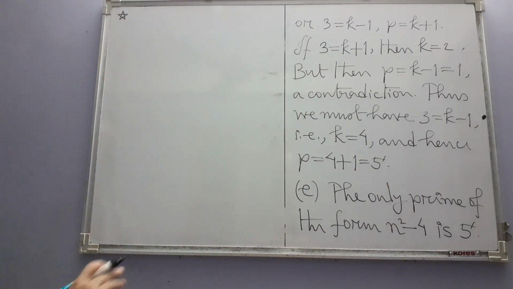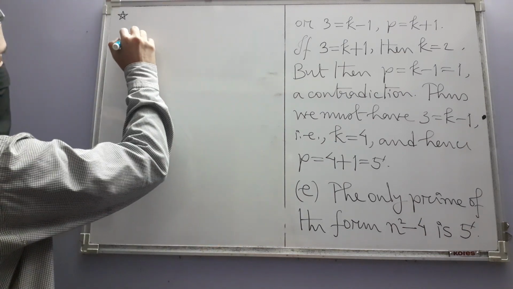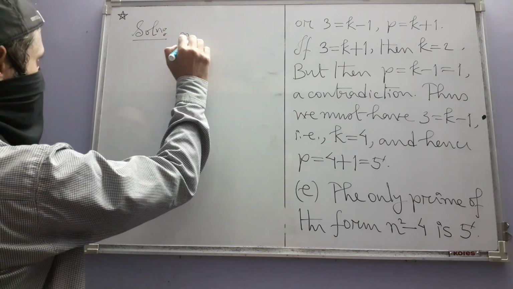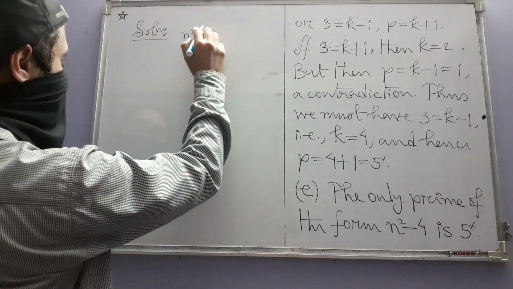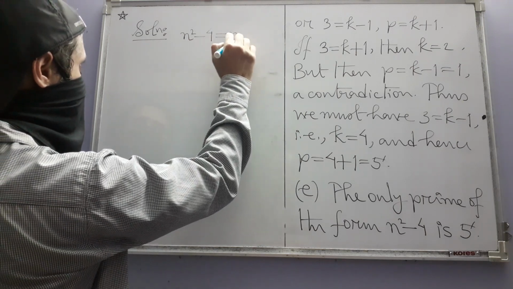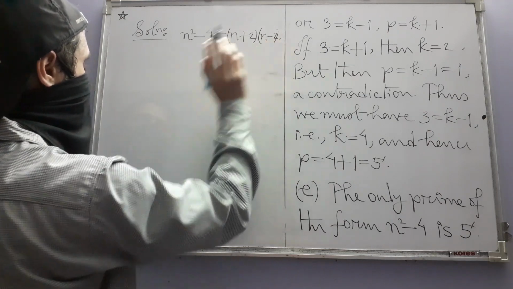Then you can argue using divisibility and primeness. So here the solution goes like this. You are assuming that n square minus 4 is a prime, but already it has a factorization in the form n plus 2 times n minus 2.